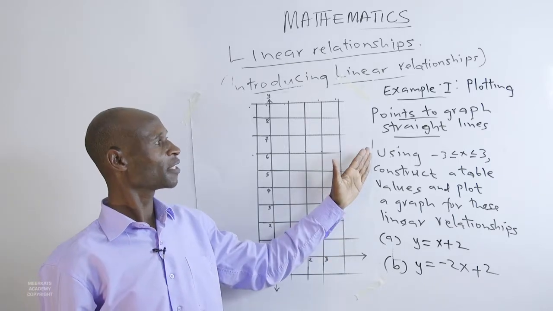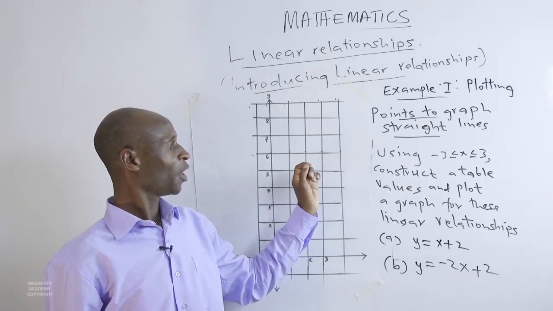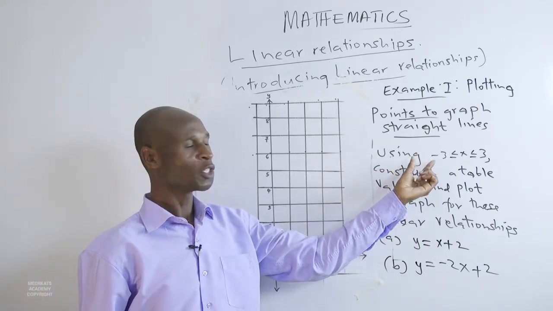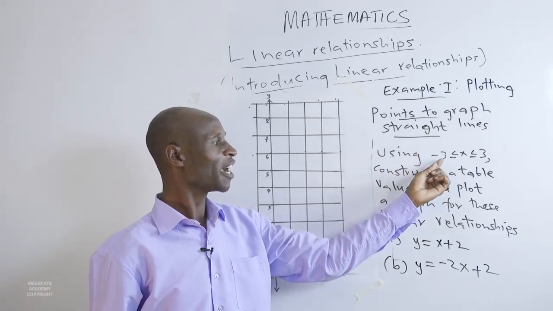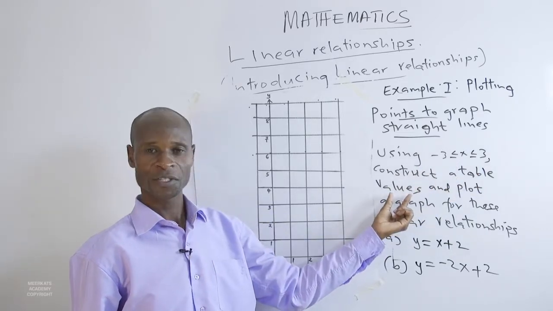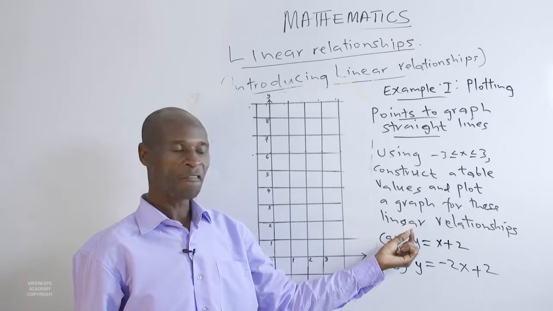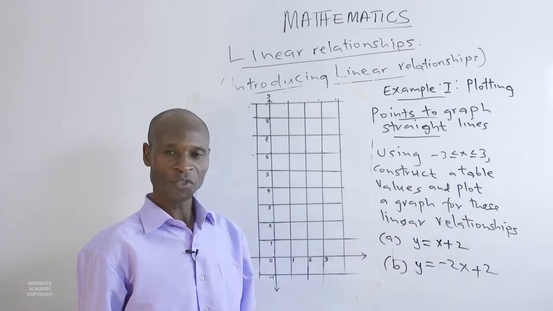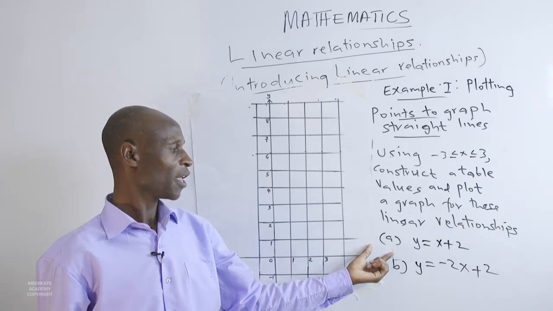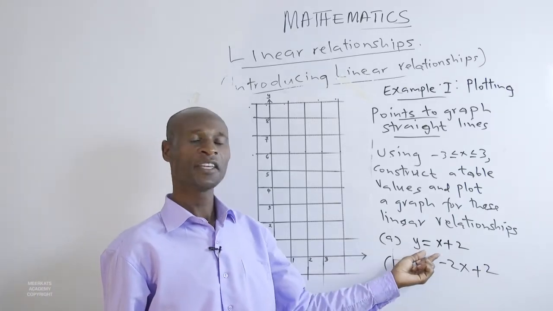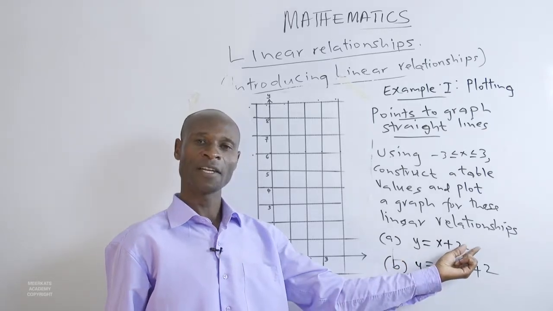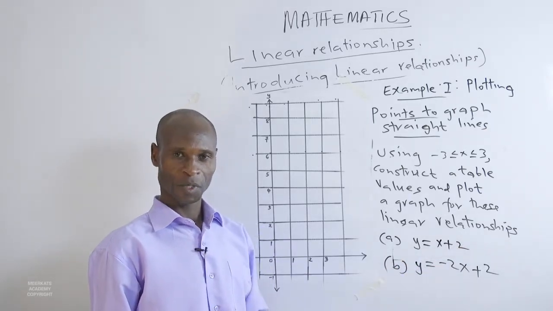So in our first illustration, we are going to use the range of -3 to 3 to construct a table of values and plot a graph for these linear relations. In our first case, we shall consider the relation y is equal to x plus 2 as an example of a linear relation.